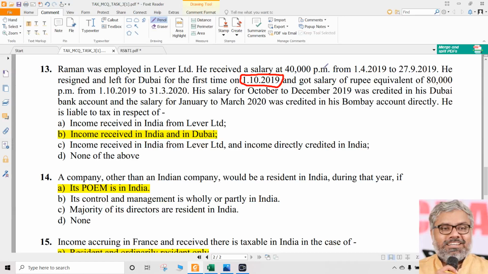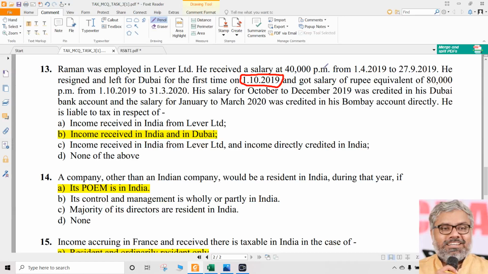So we need to check the number of days of stay in India. April 30, May 31, June 30, July 31, August 31, September 30, right? So how many days did he stay in India? Whatever the number of days of stay in India, that we have to check.